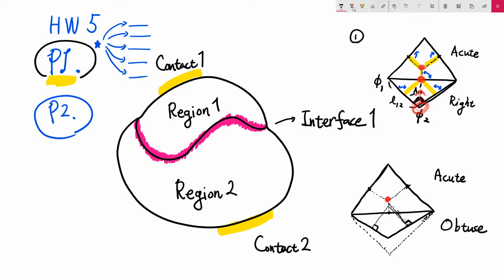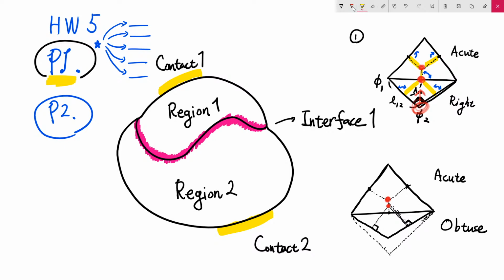Yeah. Then now we have the circumcenter located outside of our original obtuse triangle. So then please think about this one.